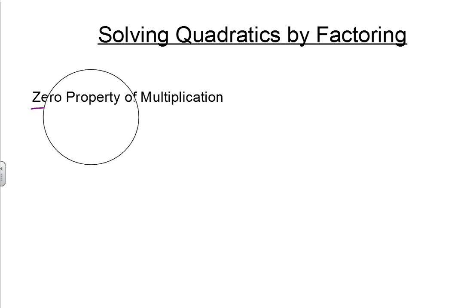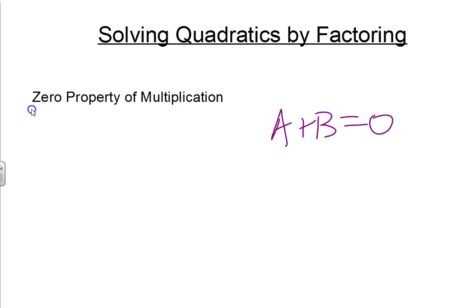If I have A plus B equals 0, does one of those numbers have to be 0? No, they don't. They could be anything as long as they're opposite signs. But the zero property of multiplication is a special rule.